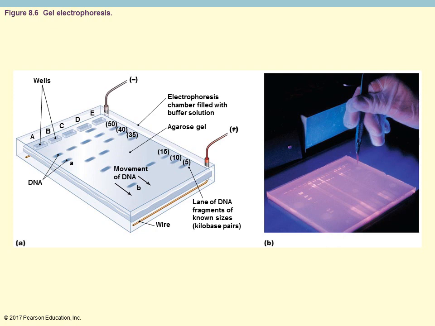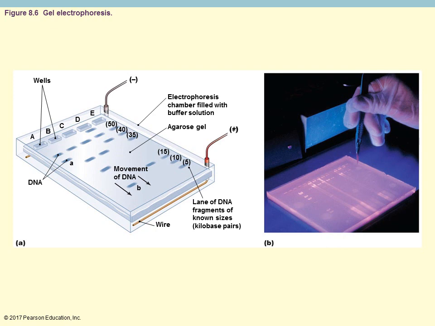So you can see in photo A the apparatus of how you would set it up. You have those different wells. As you can see, they're labeled in this one A through E. So you can put your control in E, so that has known sizes.